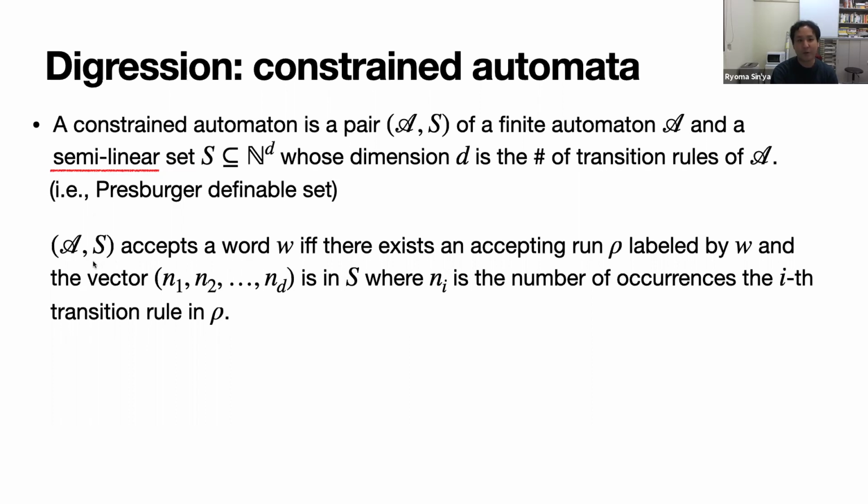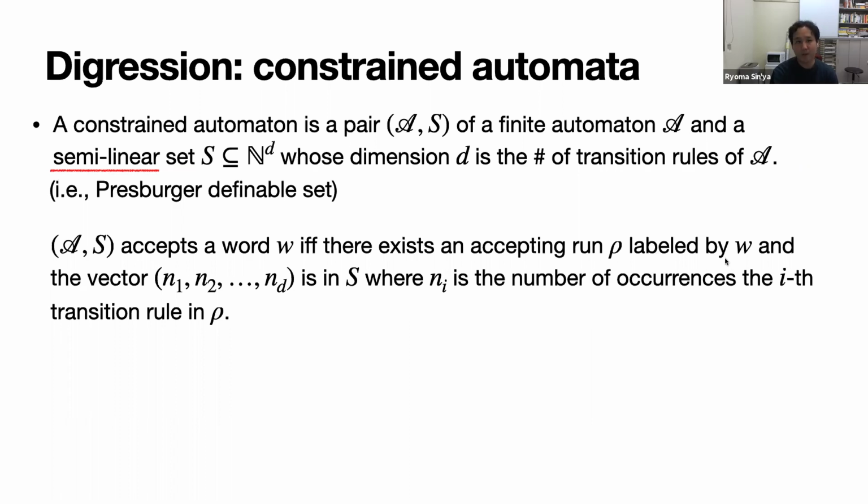The constraint automaton A and S accepts a word W if and only if there exists an accepting run labeled by W. So this condition is equivalent to the usual acceptance condition of automata.